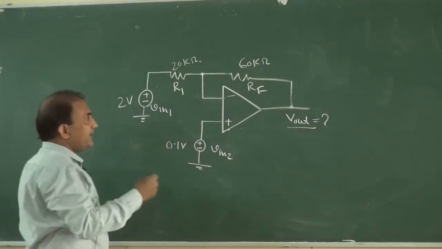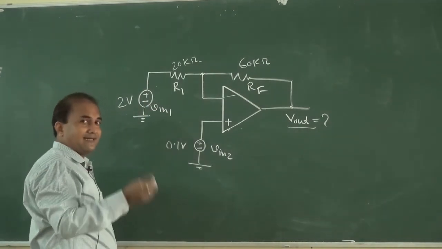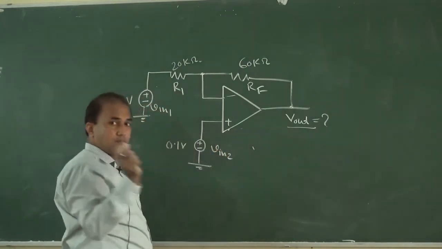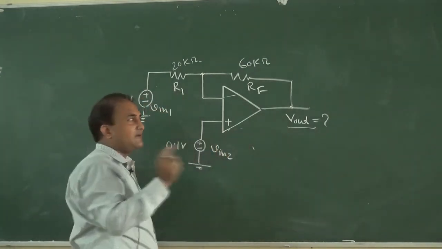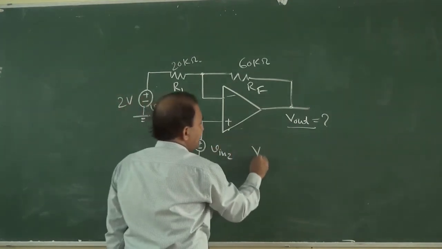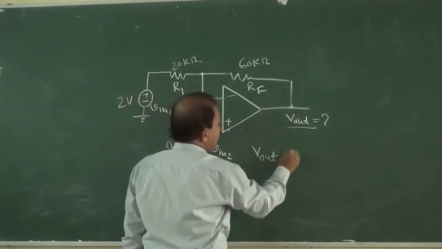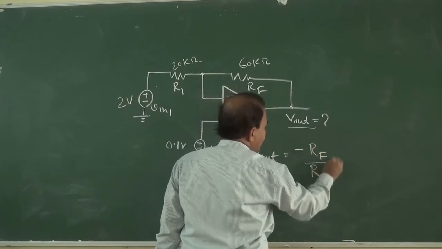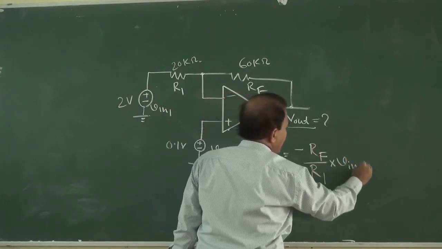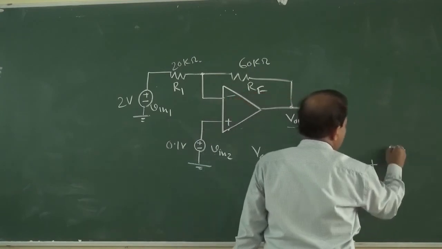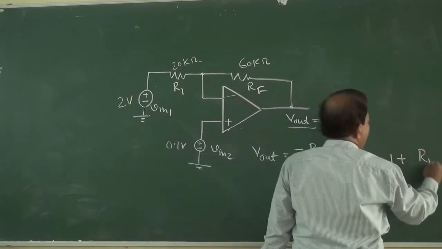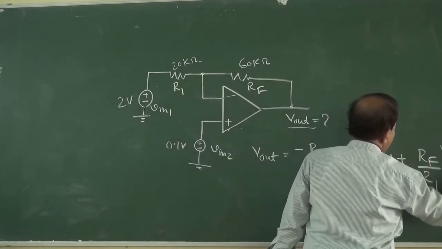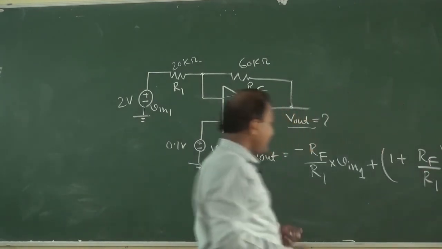Again by using the superposition theorem, V output is equal to minus Rf by R1 multiplied with V in 1 plus 1 plus Rf by R1 multiplied with V in 2.